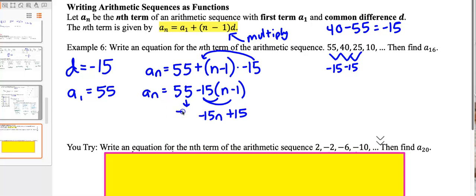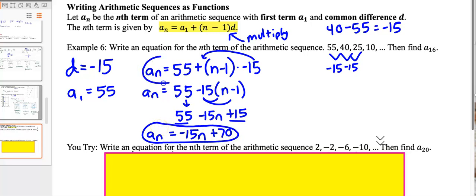And then this first term will always drop down. Lastly, you can combine like terms, which will always be this first and this last term. So our final answer would be a sub n. Your slope is that negative 15n, and then 55 plus 15, if you add those two, you get 70. Okay, so this is kind of simplified.